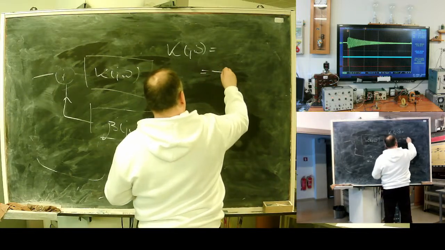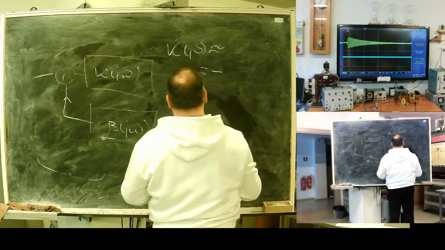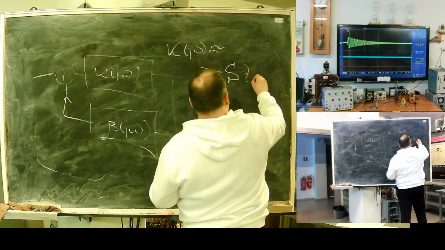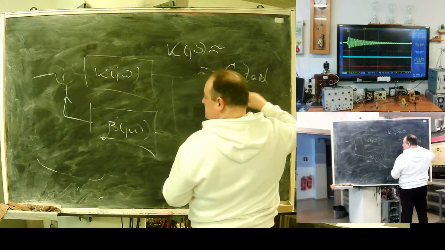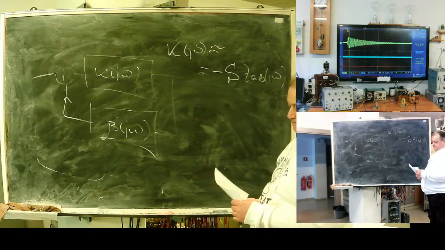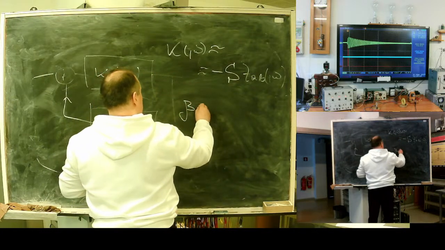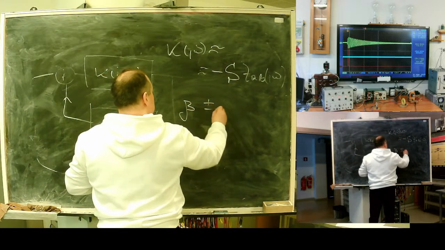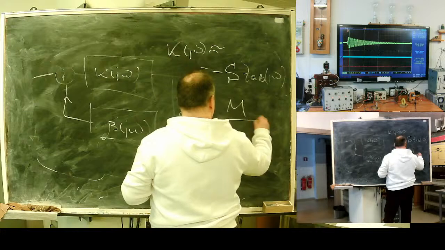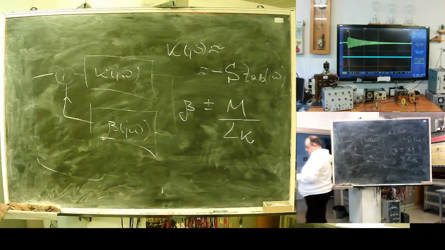It can be approximated, it's not 100% precise, as my stiffness multiplied by the input resistance of my load as a function of frequency. Beta will be nothing else than mutual inductance divided by inductance of the contour.